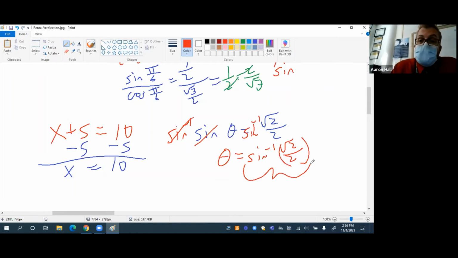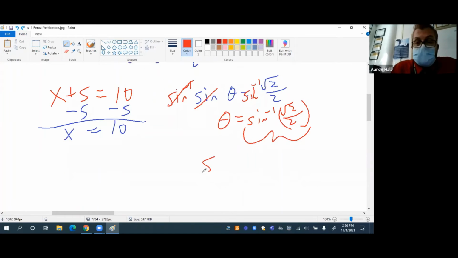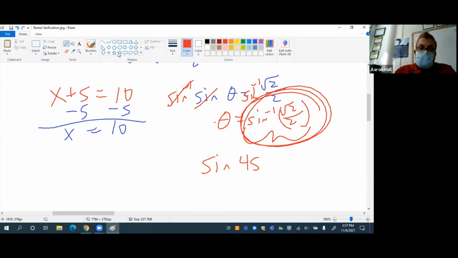What am I trying to find with this? I'm trying to find an angle. In fact, 45 degrees equals this, because that's our inverse.